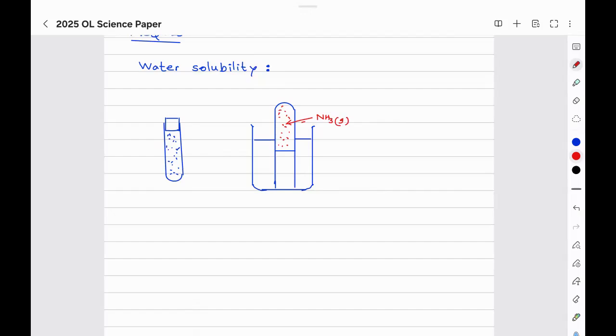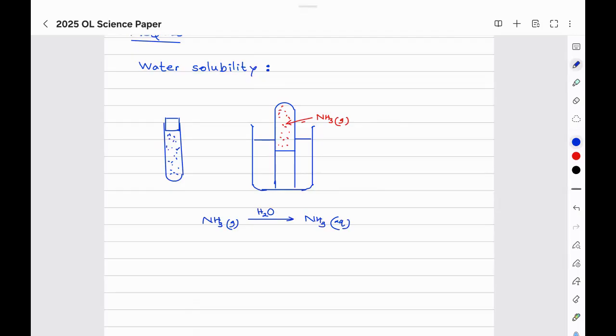So what will happen is, now here the pressure is very low. Since ammonia gas is well soluble in water, remember students, ammonia gas is well soluble in water. Ammonia gas molecules are dissolving in water, producing ammonia aqueous.